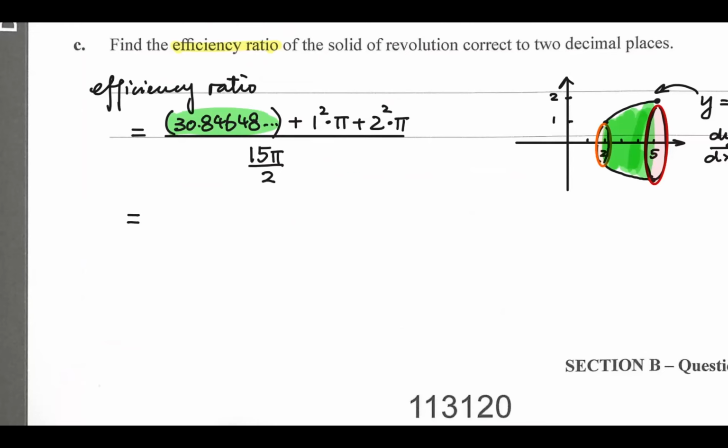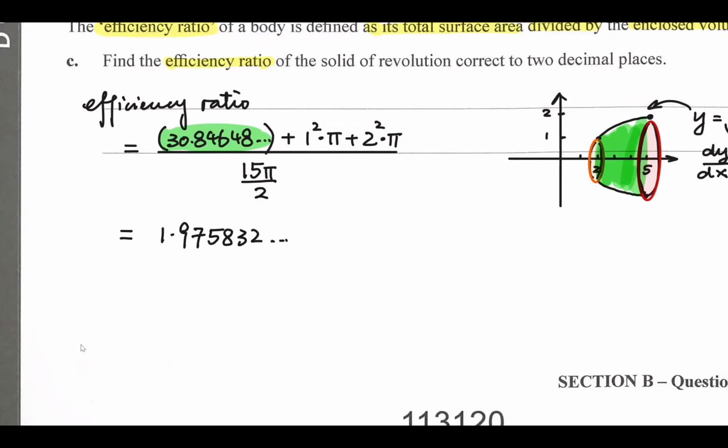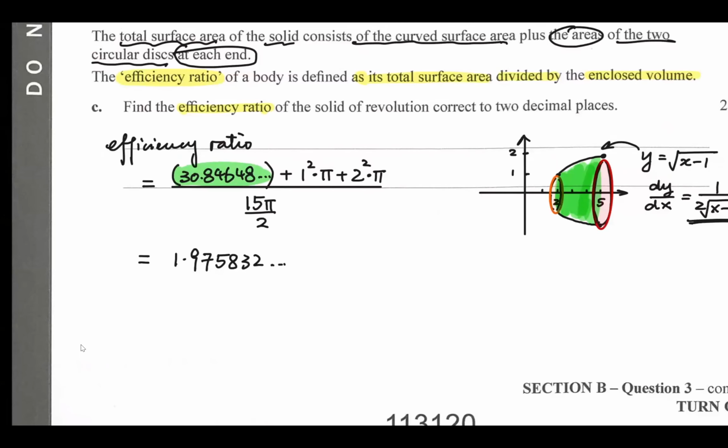So you can type that into your CAS calculator. Make sure you carry all digits. So I get something like 1.975832 something. How many decimal places? Okay, 2 decimal places.